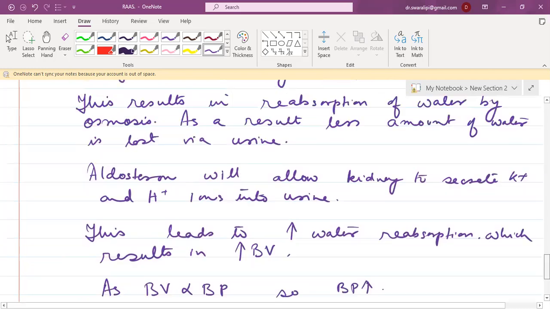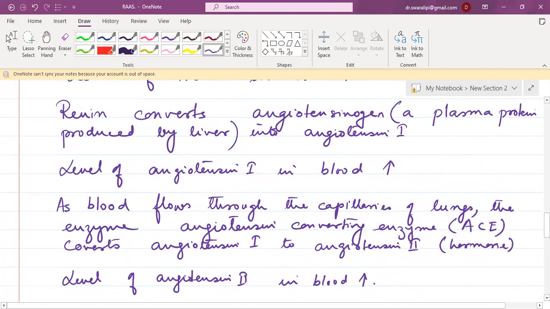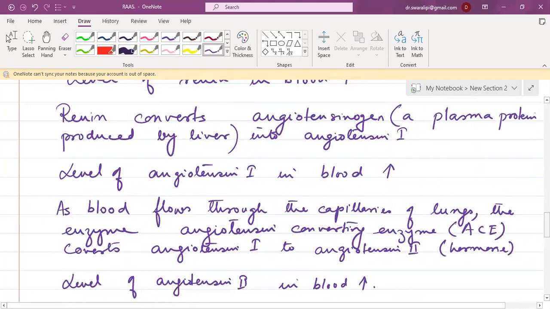Do you remember? I've mentioned that when the blood circulation was passing through the lungs, during that time angiotensin 1 got converted to angiotensin 2, and this angiotensin 1 was formed from angiotensinogen, which is a plasma protein made by the liver.